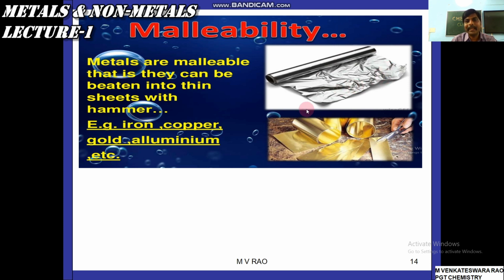In food packing they use aluminum foil and gold foil. This type of property is called malleability. Metals are malleable, meaning they can be beaten into thin sheets with a hammer.